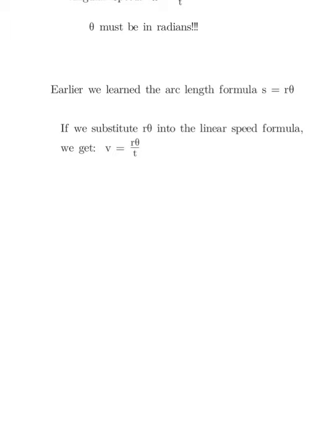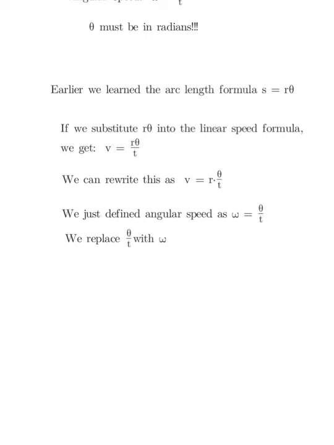So if we take our linear speed formula and substitute R theta in place of the S, we get V equals R theta over T. We can rewrite that fraction just a little bit as R times theta over T. We just defined angular speed to be omega equals theta over T. So now notice we have a theta over T and a theta over T. So we are going to take out the theta over T and replace it with the omega that it's equal to.